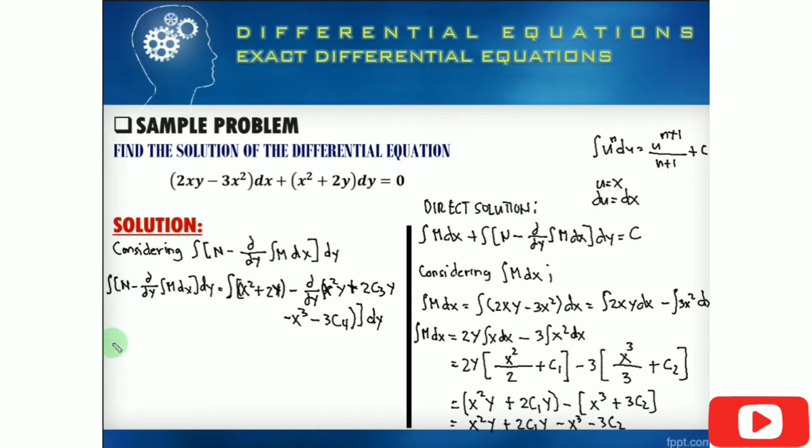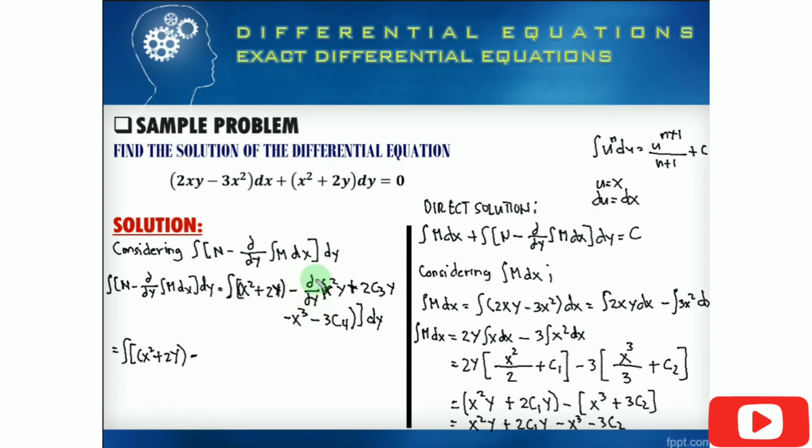And this is equal now to the integral of the bracket, so we have the quantity x squared plus 2y, then minus, so from here you have to take the partial derivative with respect to y, meaning y is your variable, and any other terms there except y are all constants.